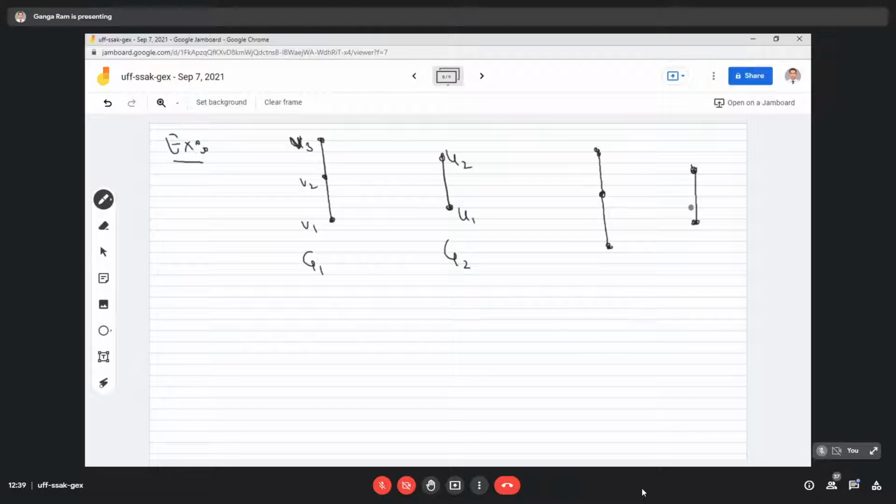Okay, now we can join the edges, this to this, because one endpoint is in V1 and the other endpoint is in V2.